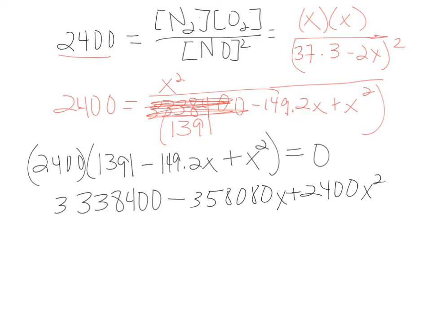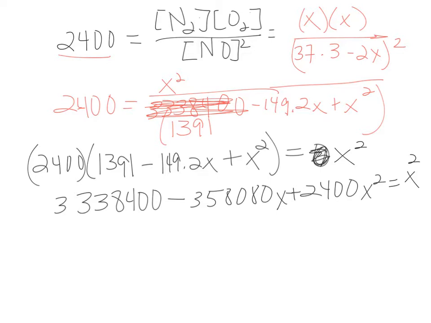So that's this side, but this was not supposed to be 0 yet. We multiplied both sides by this denominator, so on the right side we still have x squared over here, so I'm going to put x squared there. So this equals x squared. So now we're going to subtract x squared from both sides to put 0 on this side. So you can see algebra is coming in really handy.